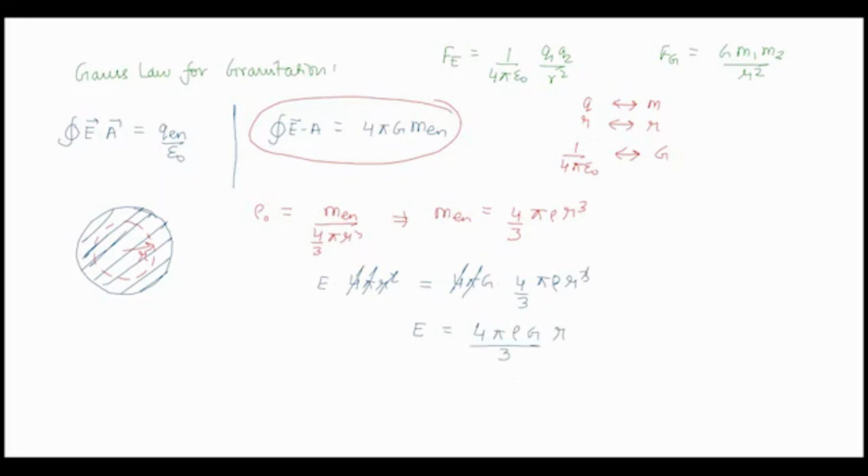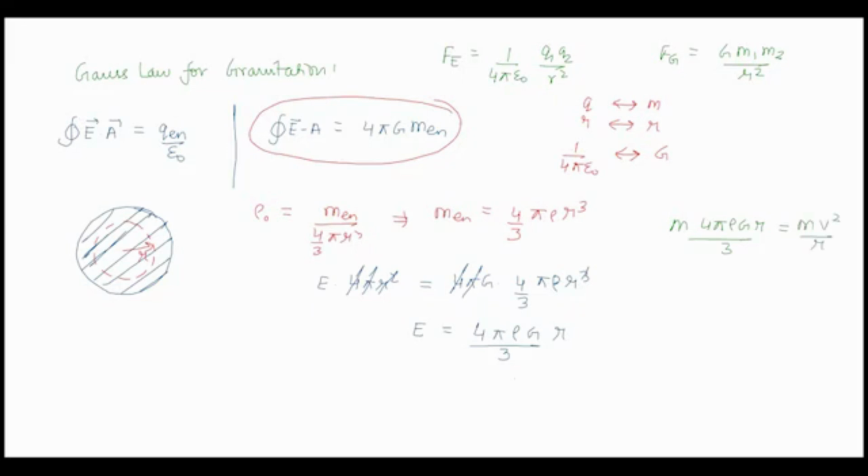Now if we write that the force of gravity is balancing the centripetal force, I can write m times 4 pi rho G r upon 3 is equal to m v square upon r.